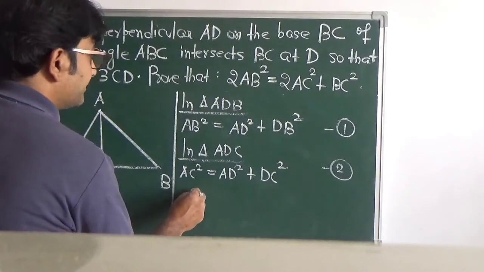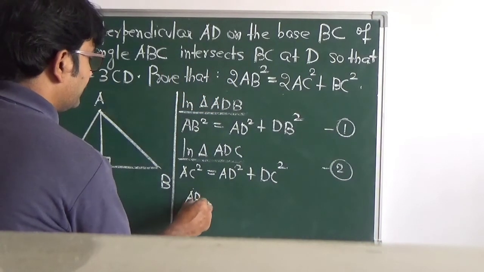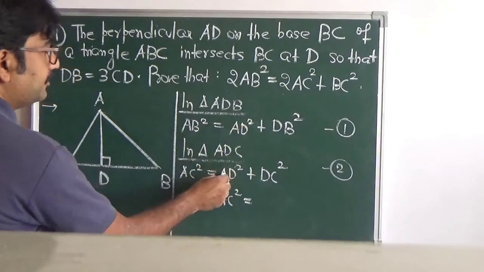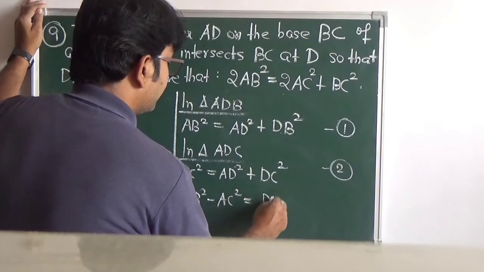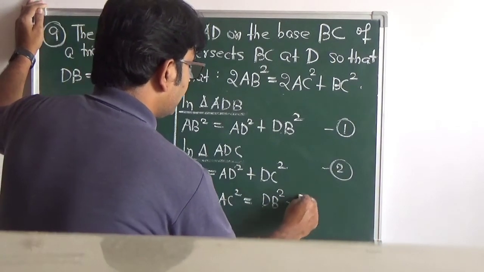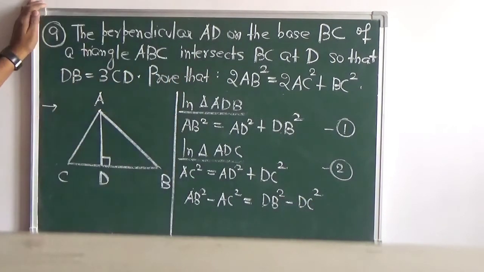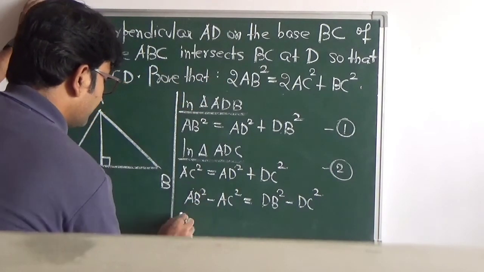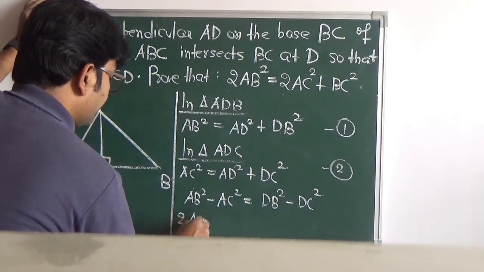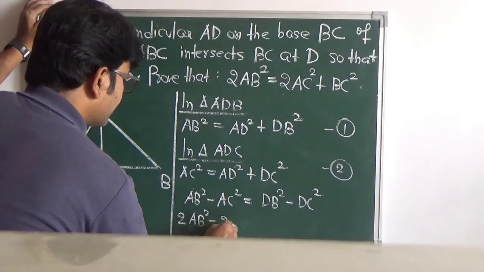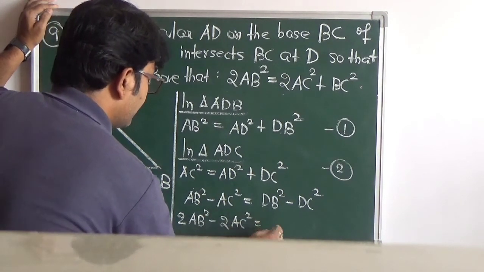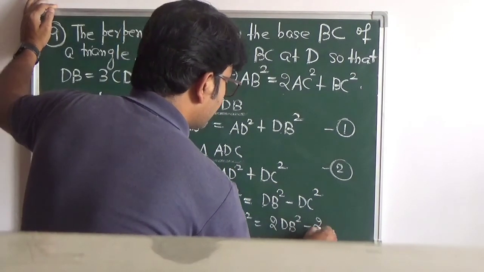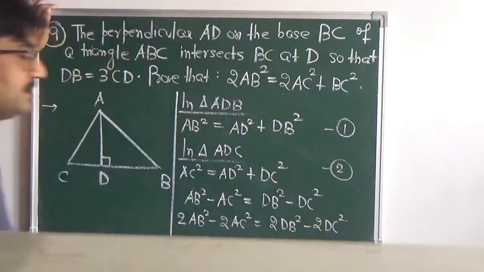Subtracting, AB square minus AC square is equal to DB square minus DC square, as the AD square terms cancel out. Now multiplying both sides by 2, twice AB square minus twice AC square is 2 times DB square minus 2 times DC square.